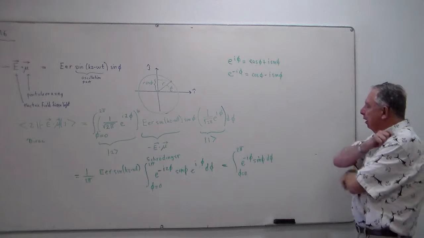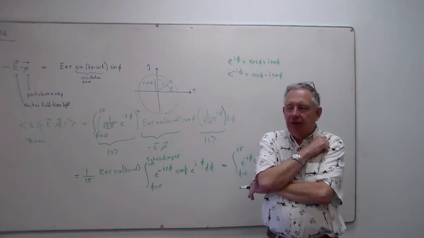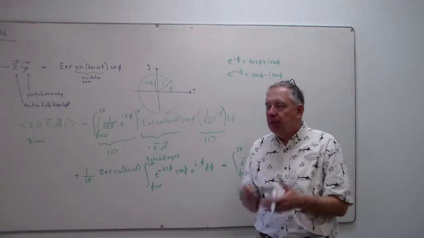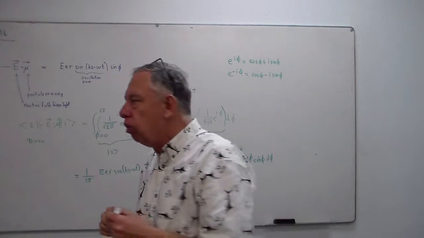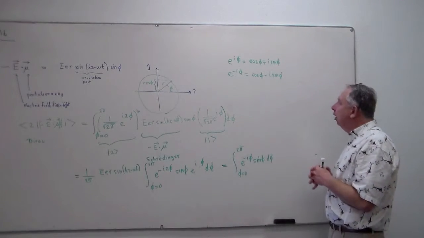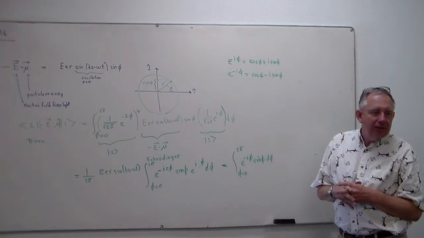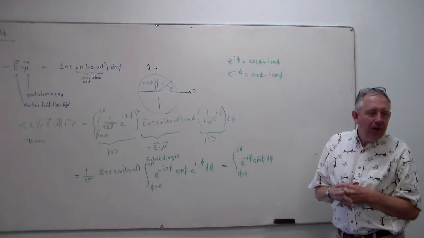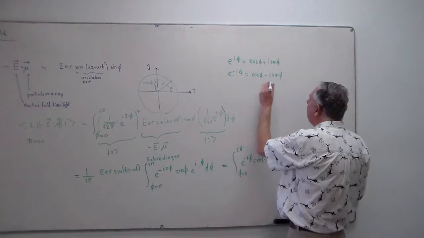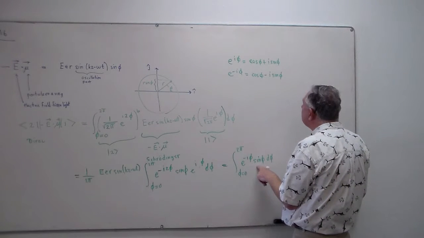Now, you can either convert everything to complex exponentials, or you can convert everything to trig functions. This is the class's choice. It'll work either way. So do you want to go trigonometric, or do you want to go exponential? Let's go exponential. Okay, fine. Okay, this is a sine phi, right?